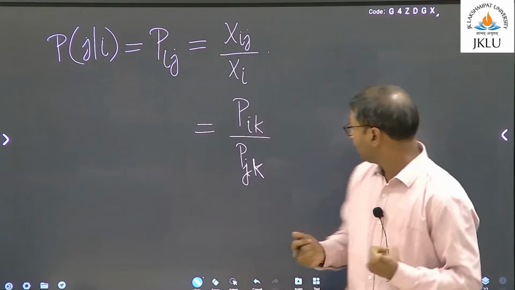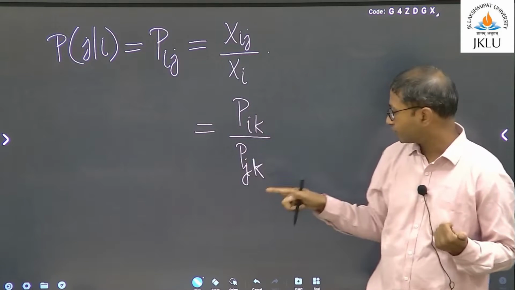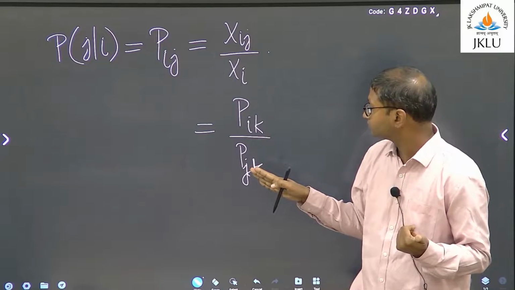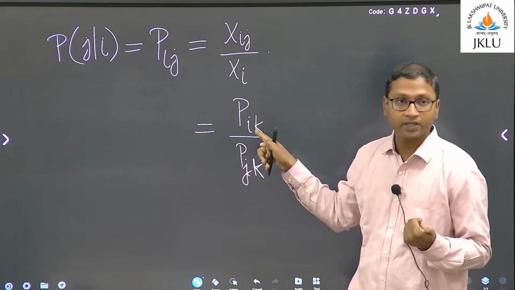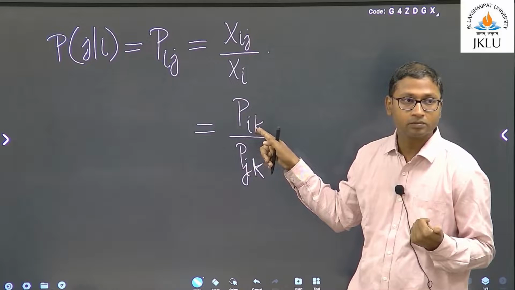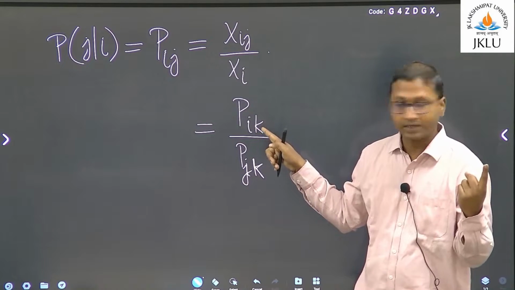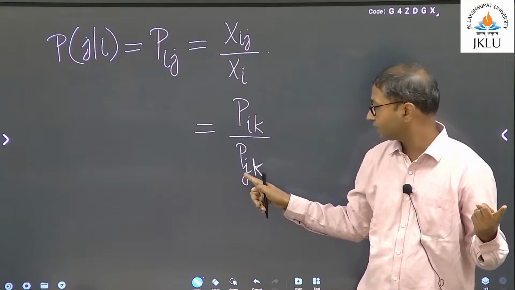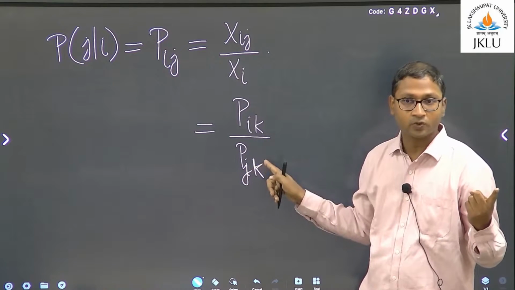Okay. For example, which one is context word here, which one is center word here? I is center word, K is context word, J is center word, K is context word, right?